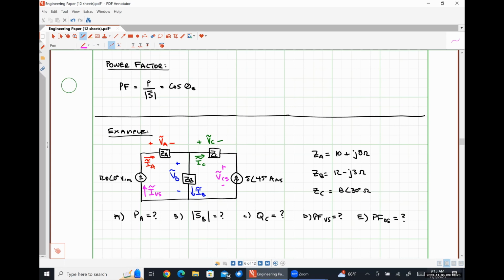Okay. Do you have a suggestion as to how we might do that? Okay, so I'm going to take Walker's suggestion, and I'm going to do nodal. By that, I actually mean just Kirchhoff's current law at that top middle node with the bottom node as ground. And that'll get me one step away from every single one of these quantities.